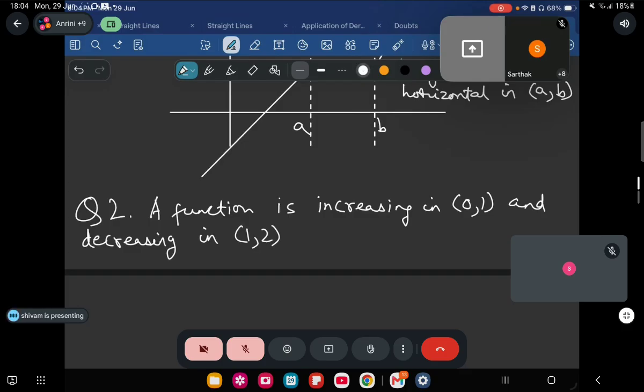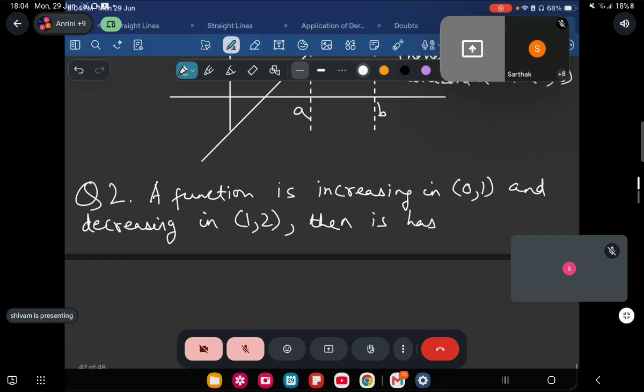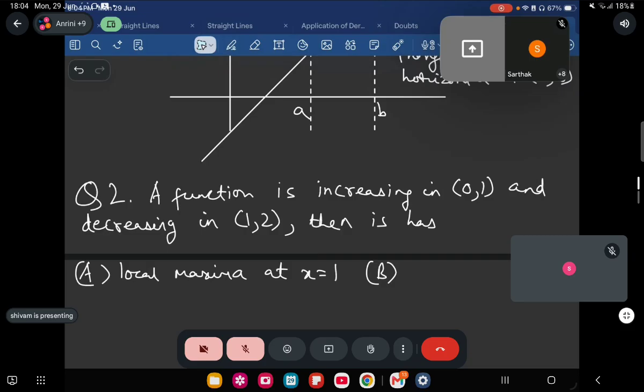Then it has option A, local maxima at x equal to 1. Option B, local minima at x equal to 1.